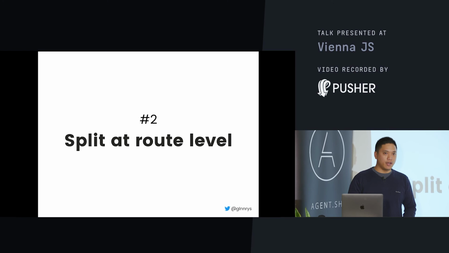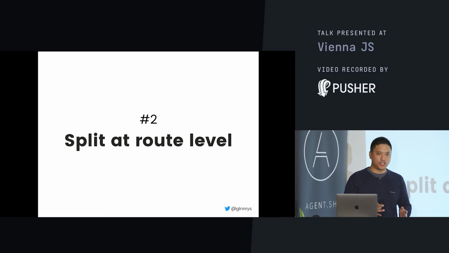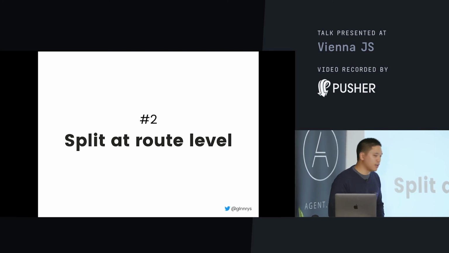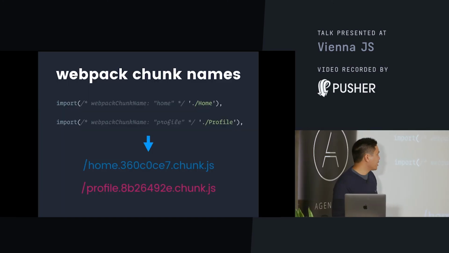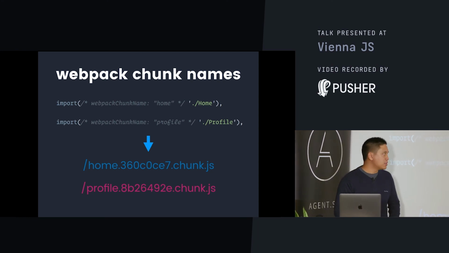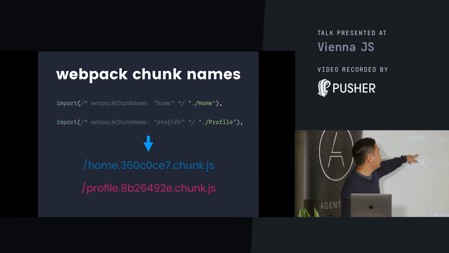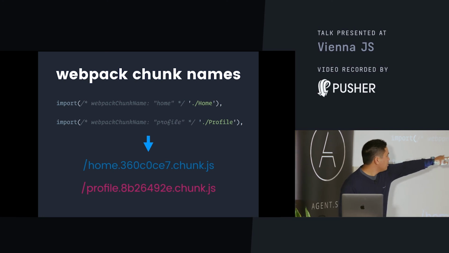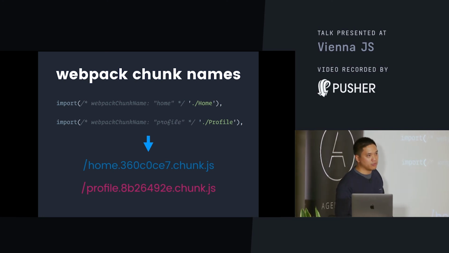So if you have the case that you have shared code between routes, even for this, Webpack has an awesome feature which is called Webpack chunk names, and it's basically doing this import thing and then adding this weird comment in between.